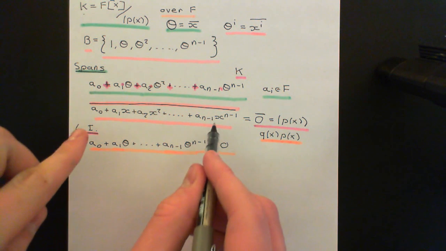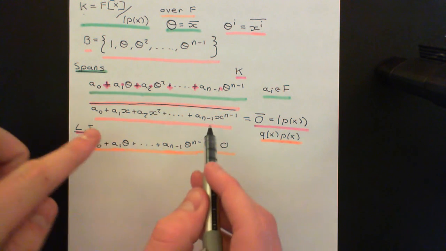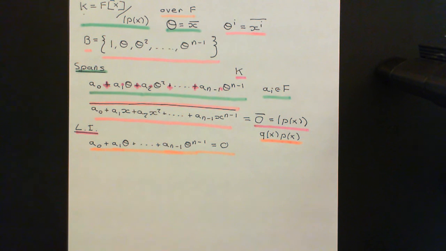We've got a polynomial of degree strictly less than n equaling a polynomial of degree greater than or equal to n. So indeed, this set of vectors for my field extension over the field capital F is indeed a set of basis vectors. So this is a basis.